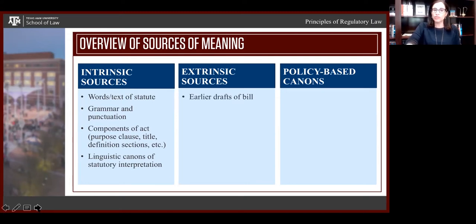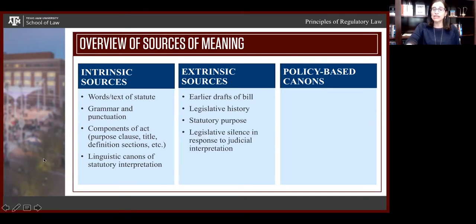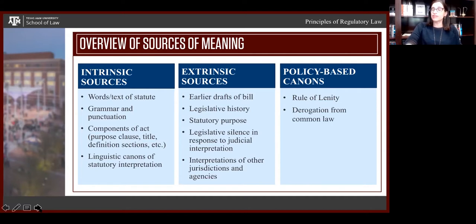For extrinsic sources, we can consider earlier drafts of the bill, legislative history, statutory purpose outside of the statute, so derived, for example, from legislative history, legislative silence in response to a judicial interpretation, and the interpretations of other jurisdictions and agencies. For policy-based canons, we'll discuss the rule of lenity, derogation from common law, retroactivity, and the doctrine of constitutional avoidance.